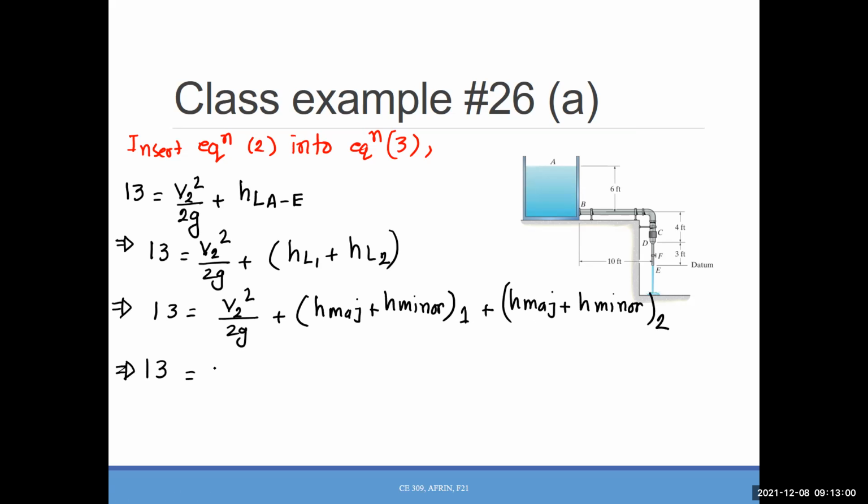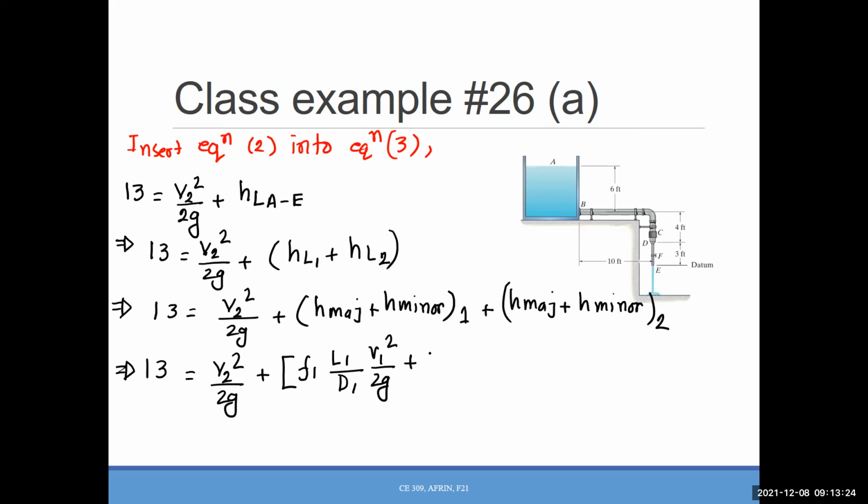So 13 equals V2 square over 2g plus. Now for major head loss, we use the Darcy-Weisbach equation. So what we will do, F1 L1 over D1 V1 square over 2g, that is the major head loss.